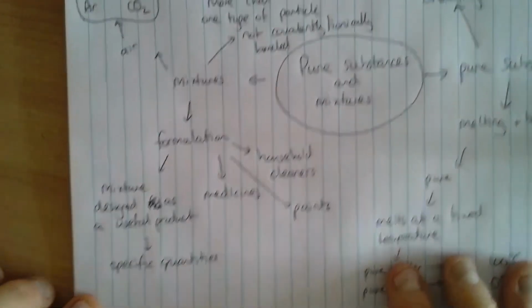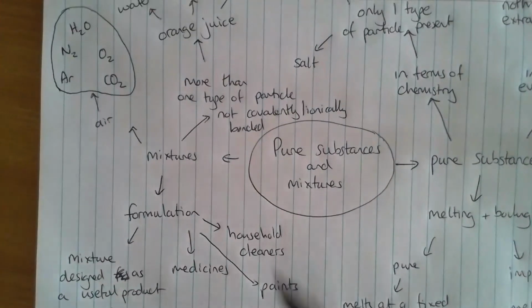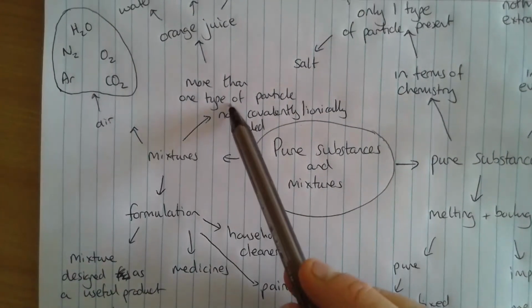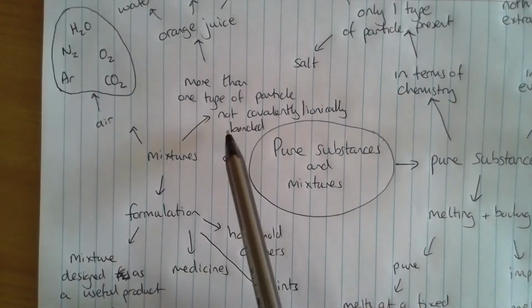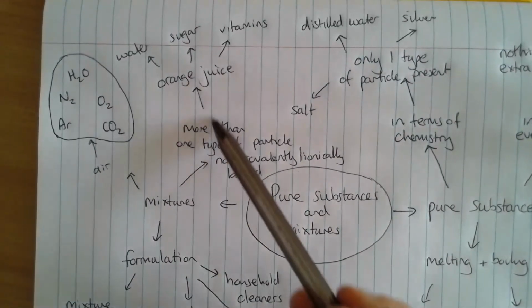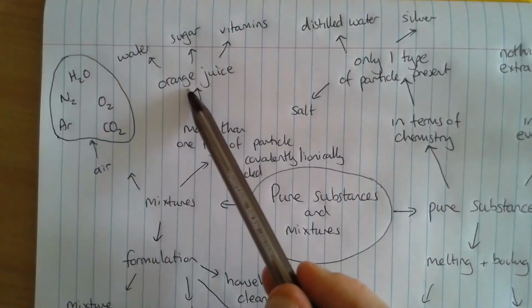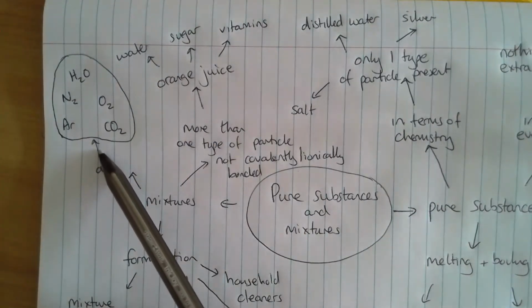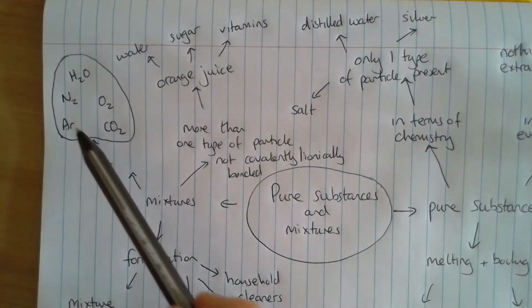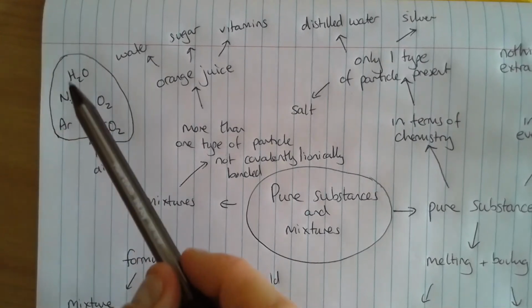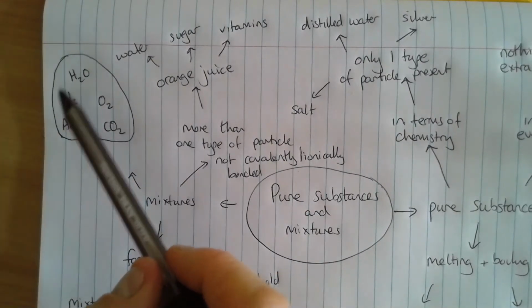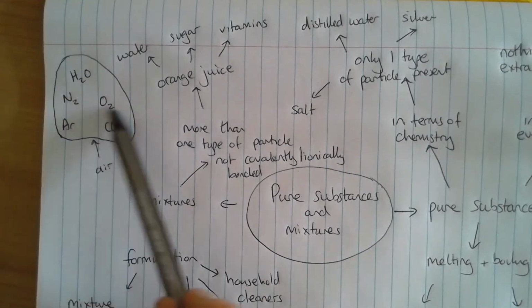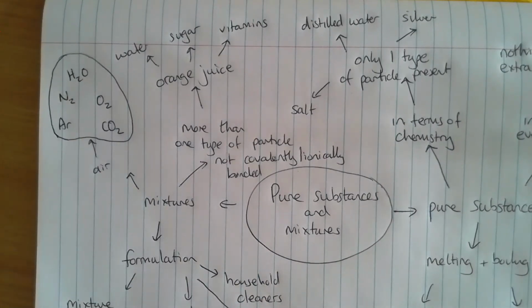So if we just review mixtures again, we've got more than one type of particle not covalently bonded. An example going back is orange juice, which is a mixture of water, sugar and vitamins. Air is also an example of a mixture which contains argon, carbon dioxide, oxygen, nitrogen and water, although most of it is nitrogen and oxygen.